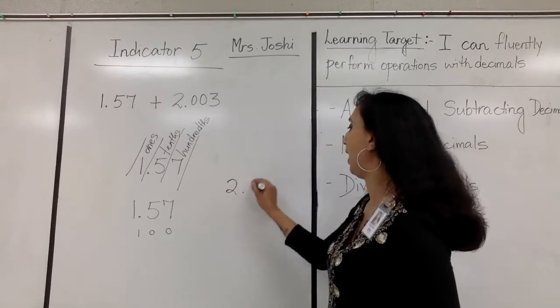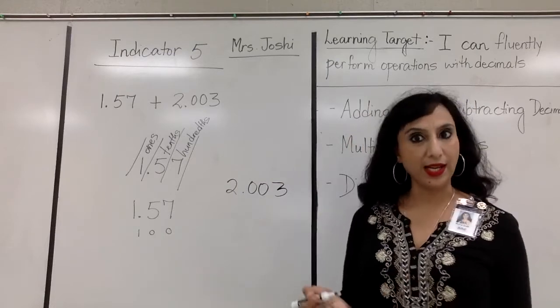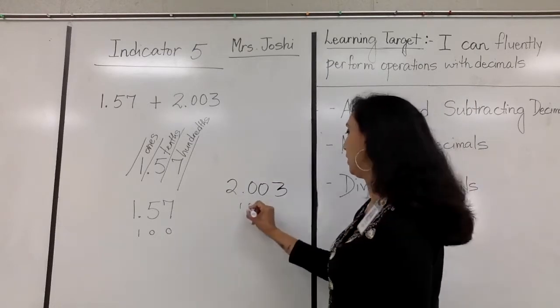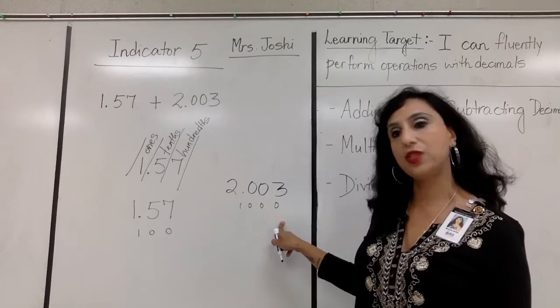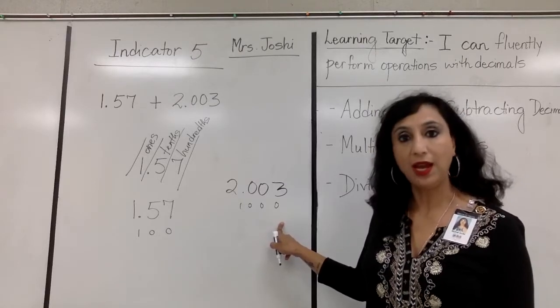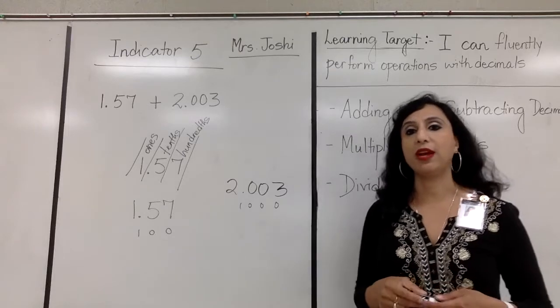Same thing if I had 2 and 3 thousandths. I put a little 1 here, and you know that 1,000 has 3 zeros, so this would be 2 and 3 thousandths. Behind the decimal, you basically read whatever number it is.